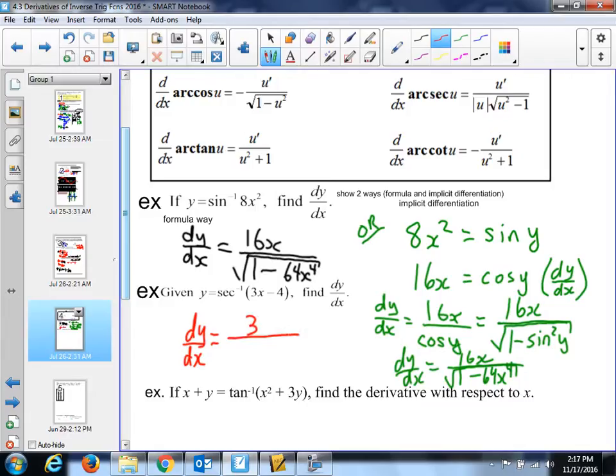And then u in absolute value. That's not negotiable right now. You need that absolute value. And then u squared minus 1 inside. So 3x minus 4.